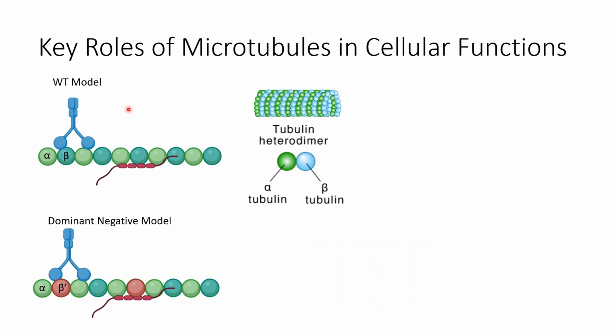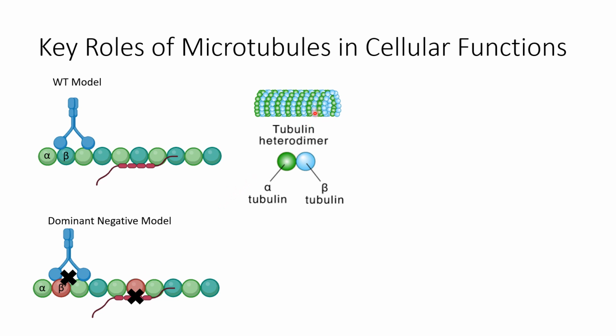mechanism. In a normal scenario, microtubules interact with various motor, microtubule-associated proteins, and cytoskeletal elements. When mutations happen in various tubulins, that interaction is damaged, which can disrupt microtubule function.